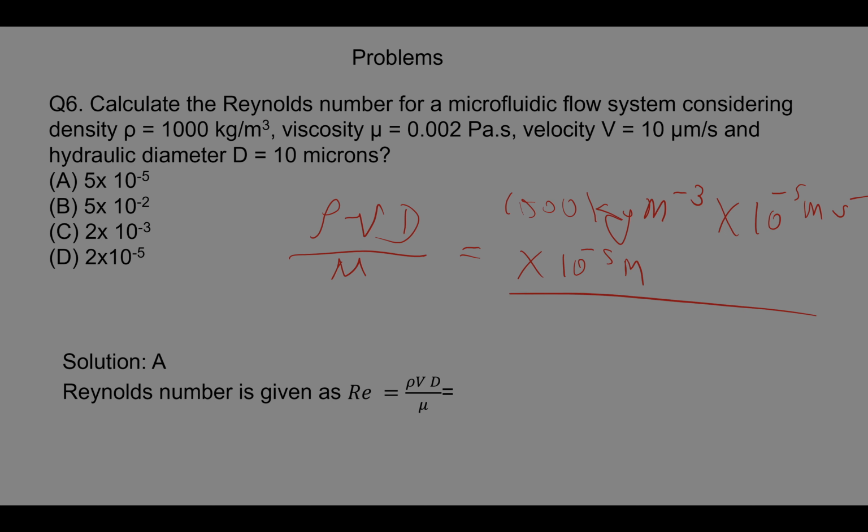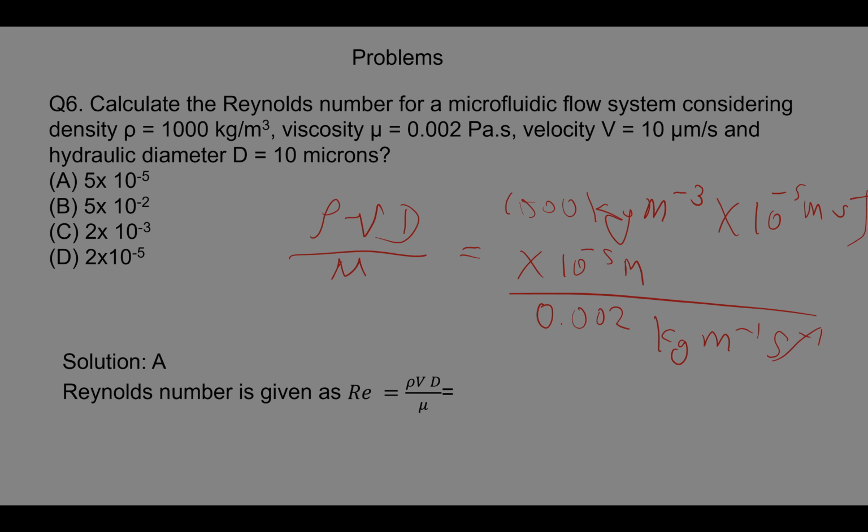Mu is equal to almost 0.002 kg meter inverse second inverse.